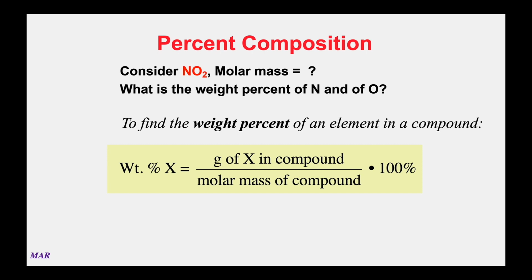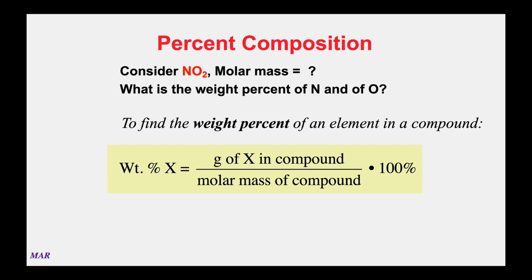If you're going to find the weight percent of nitrogen and oxygen, the first thing, once again, is to find the molar mass. Very roughly, oxygen is about 16 grams per mole, and there's two of them, so 16 times 2 is 32. Roughly, nitrogen is 14 grams per mole, so 32 from the oxygen plus 14 for the nitrogen, roughly NO2 is 46 grams per mole.